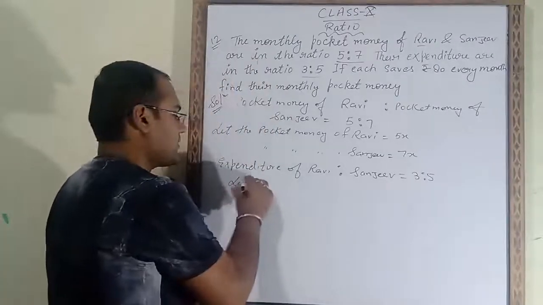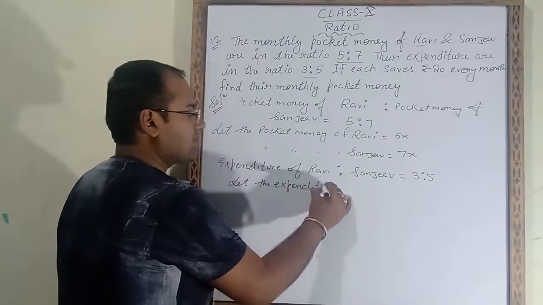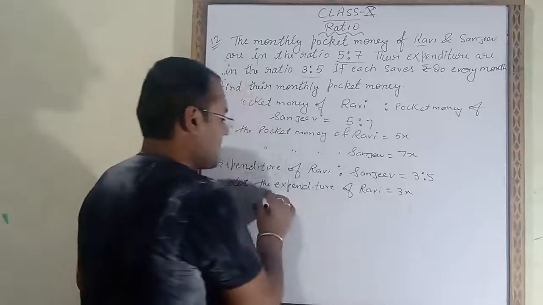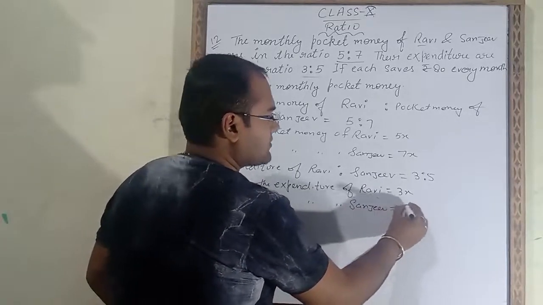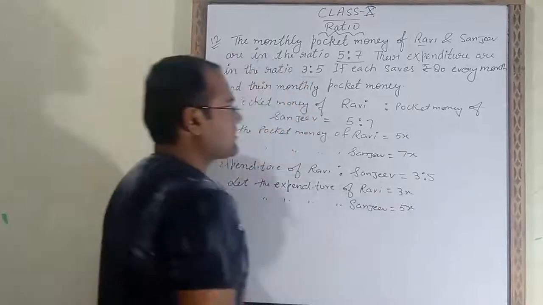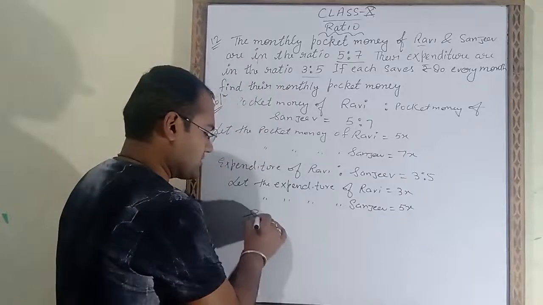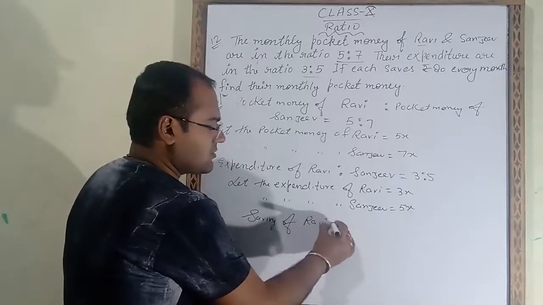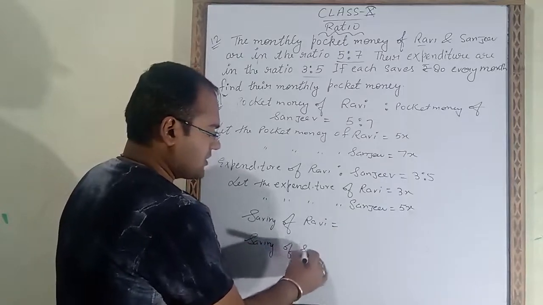Let the expenditure of Ravi be 3y and expenditure of Sanjeev be 5y. Now we will find saving of both the persons, saving of Ravi and saving of Sanjeev.